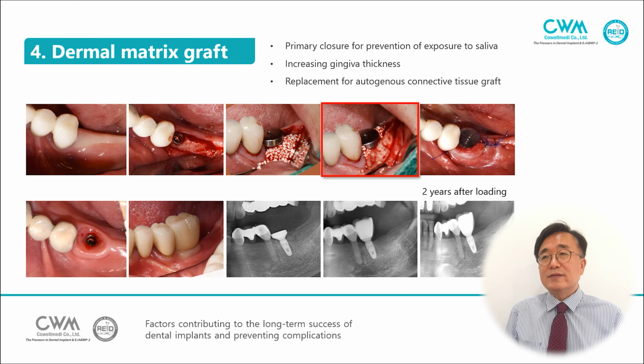So we can make a thick biotype gingiva around the implant, and there was no bone loss during 2 years. So we have to keep the primary growth of the dermal matrix, and we can increase gingival thickness. So we can replace the autogenous connective tissue graft.